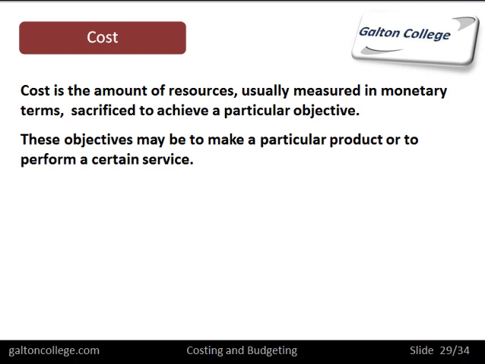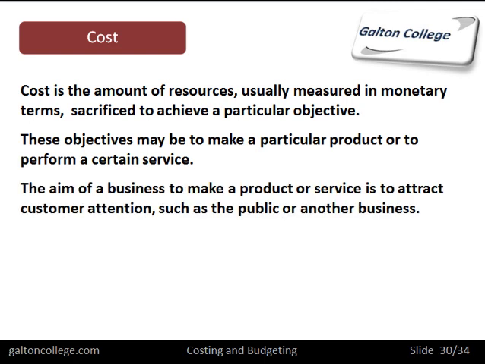These objectives may be to make a particular product or to perform a certain service. So the costs are incurred with an objective in mind, to make a particular product or provide a certain service. They're not just incurred for the fun of it.